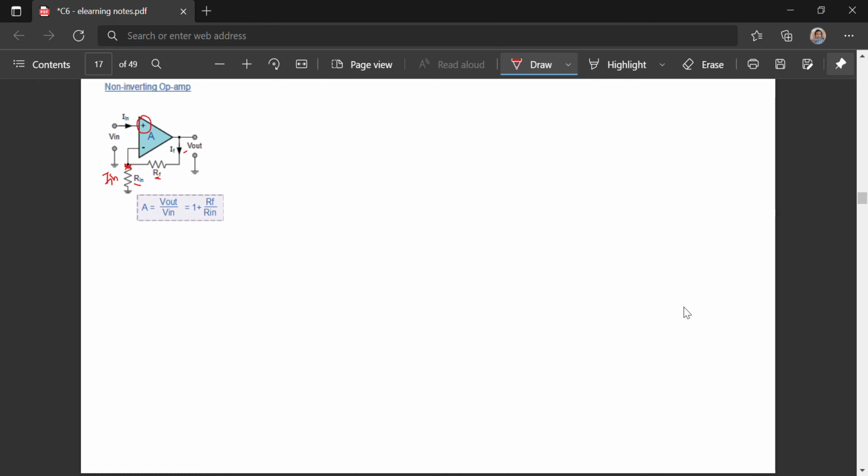We know that the currents going into the op-amp, I plus and I minus, are equal to 0. And for the voltages, V plus equals V minus.